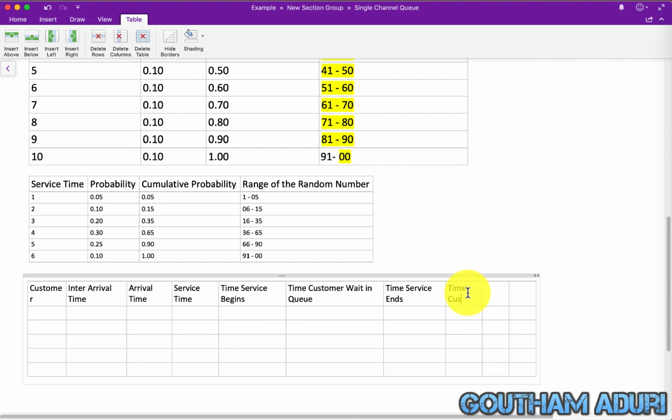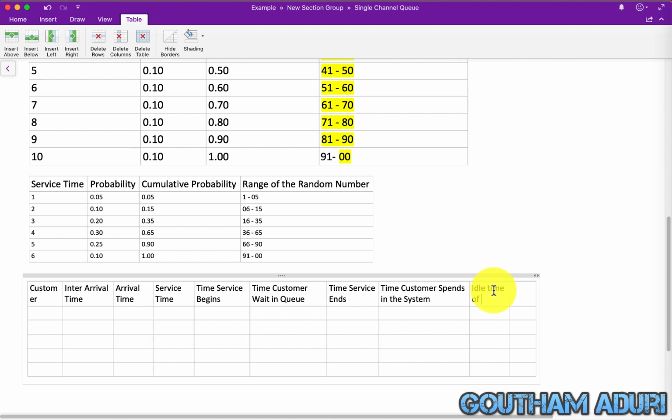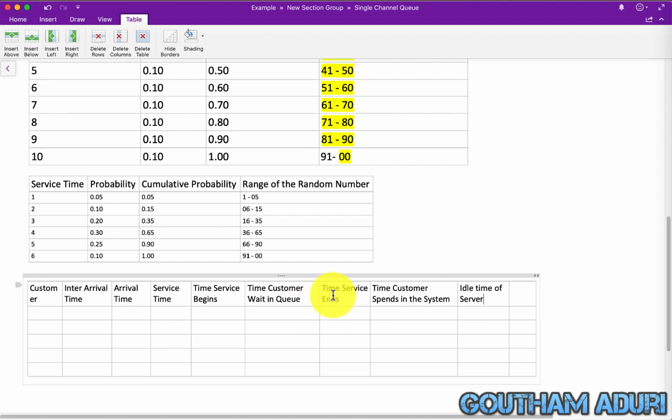Time customer spends in the system. Next is the idle time of the server. And the time service ends is nothing but the departure time, when the customer leaves from the system.